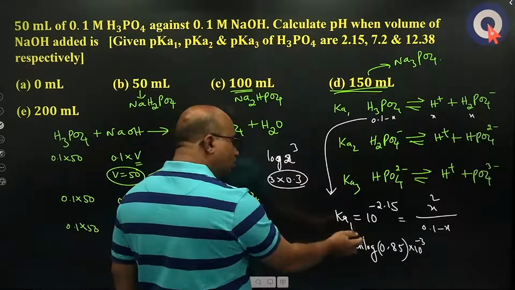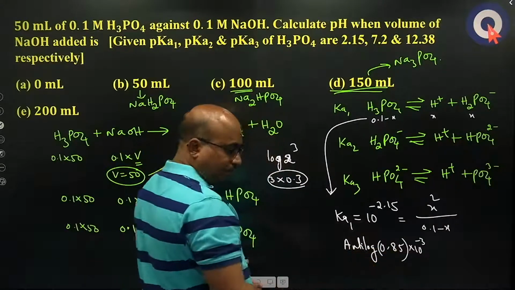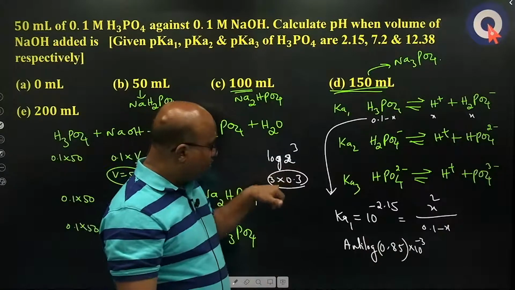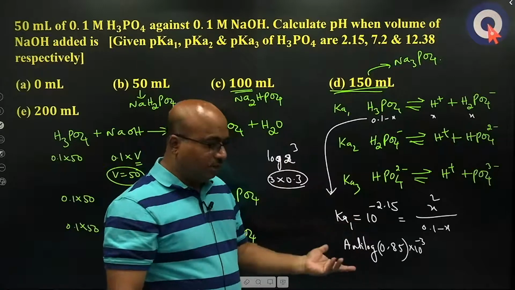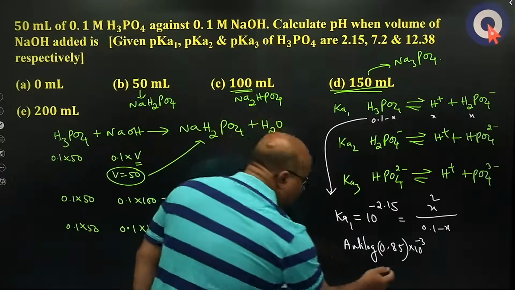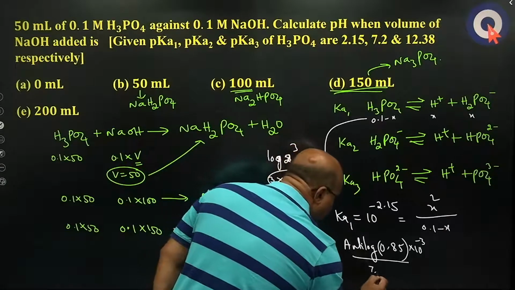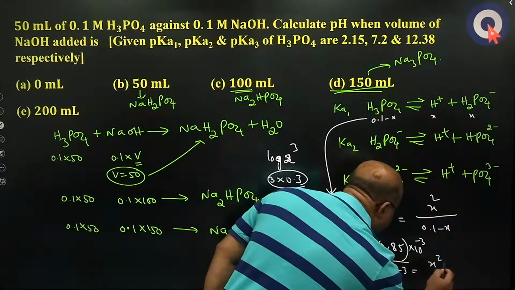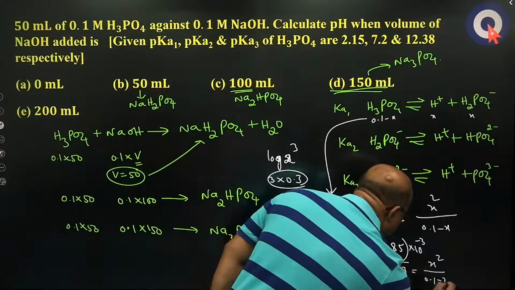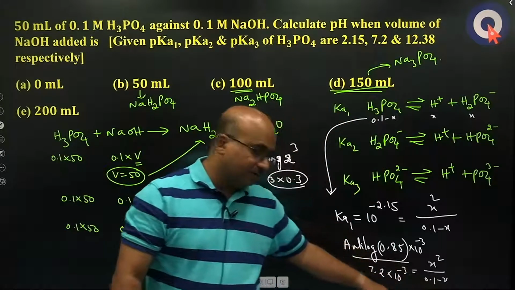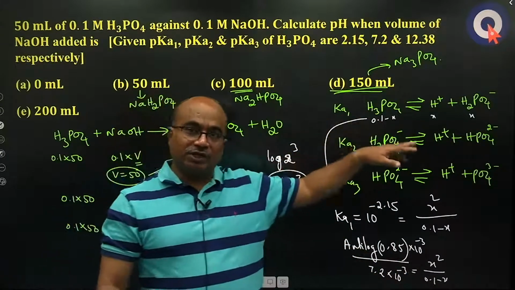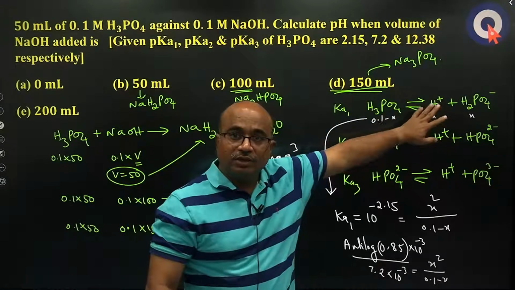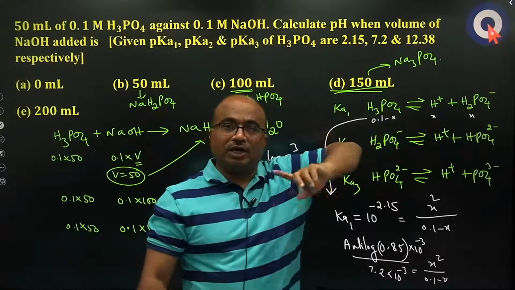Means this value is around 8 point something, sorry, 8 is already 0.9, so it will be 7 point something. So you can say the anti-log of this will be around 7.2 into 10 to the power of minus 3, which is equal to X square by 0.1 minus X. From here you can determine X, and your H plus concentration will be only from this dissociation initially. So you can use it and calculate pH.